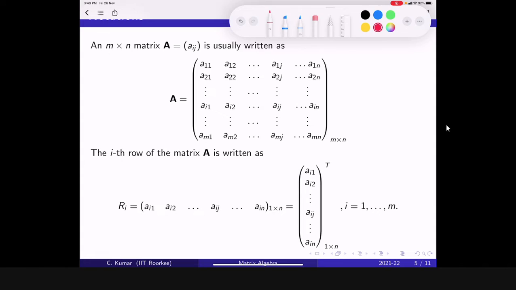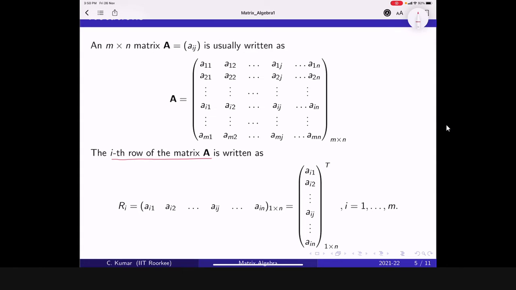The ith row of a matrix is written as Ri, and this letter is not bold. If the letter is bold, that means we are dealing with a matrix. If the letter is not bold, that means we are dealing with a vector. So the ith row of a matrix is denoted by Ri. These are the elements of the ith row: Ai1, Ai2, so on, Aij, and Ain.